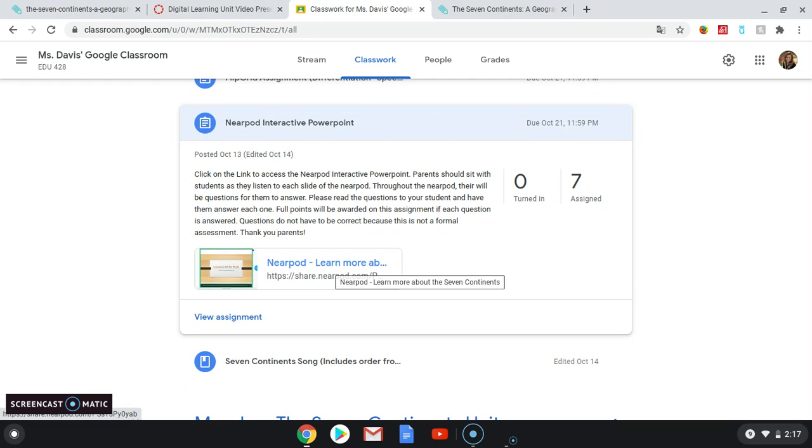I feel as though this deepened their understanding because it made them think of each continent as an actual place to visit instead of just a spot on a map. I feel like this would deepen their conceptual knowledge of continents rather than just having them look at a map and having to identify it.